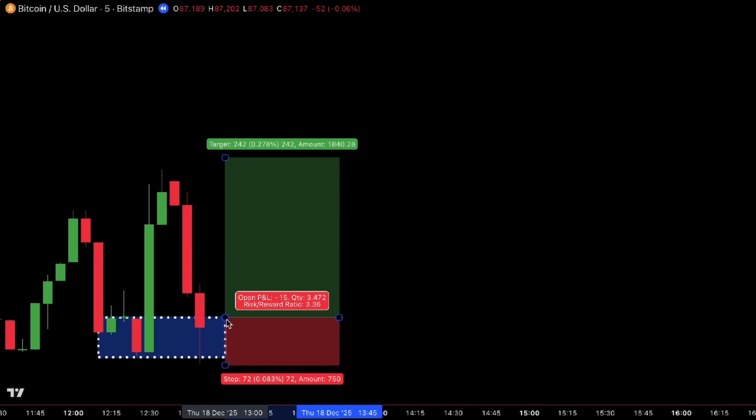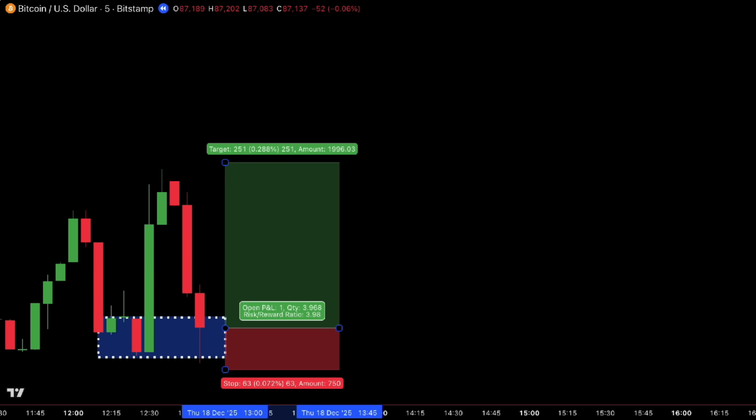With the tailed bar confirming the move, here's how you set up the trade. Place your entry at the close of the tailed bar. Set your stop loss just below the low of the tail. Aim for the next resistance level as your target. Once your trade is set, you can set and forget, letting the market play out.